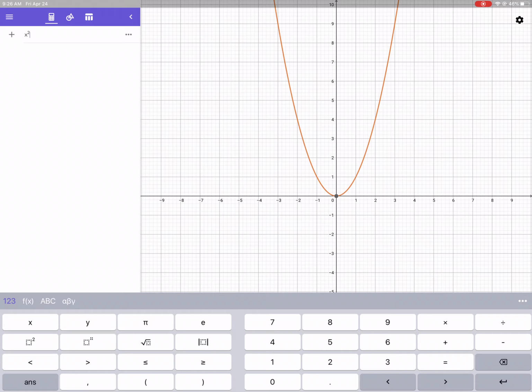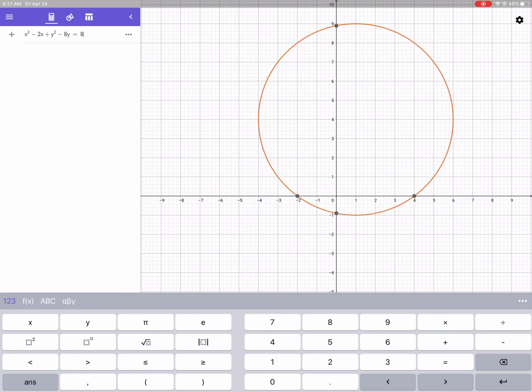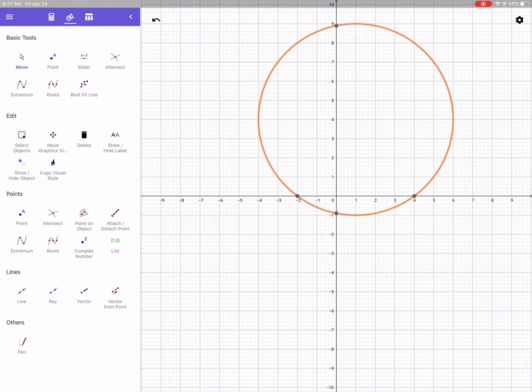That's x squared minus 2x plus y squared minus 8y equals 8. Alright, does that have a center of 1, 4? So that point, is that the center of the circle?